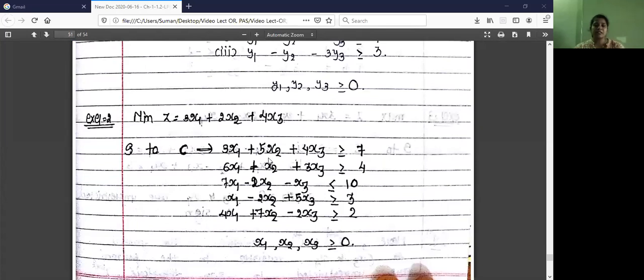Our second equation is 5y1 plus y2 plus 2y3 minus 2y4 plus 7y5 less than or equal to 2.